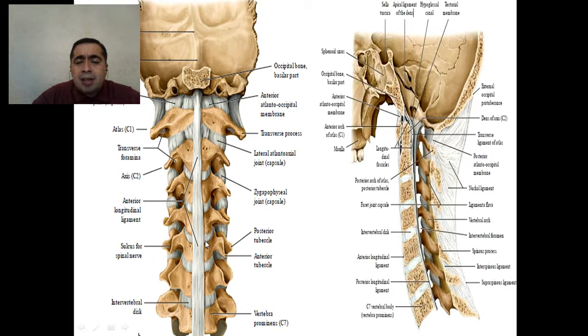These discs are thinner than, for example, in the lumbar portion of the vertebral column, and you have to know that the atlas, the first cervical vertebra, is without a body. It is considered like a bony disc between the skeleton of the head, of course the skull, and the second cervical vertebra. This is the main function of the neck: the neck connects the head and the trunk. It's like a bridge between the head and trunk.